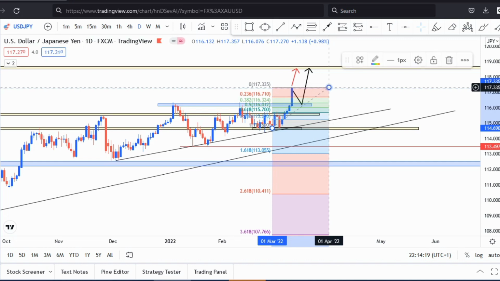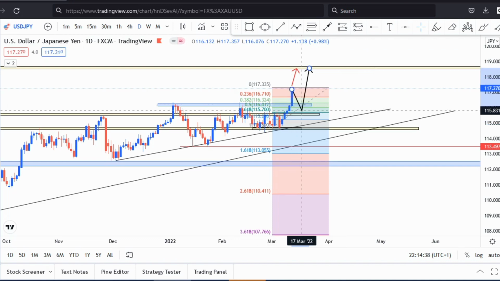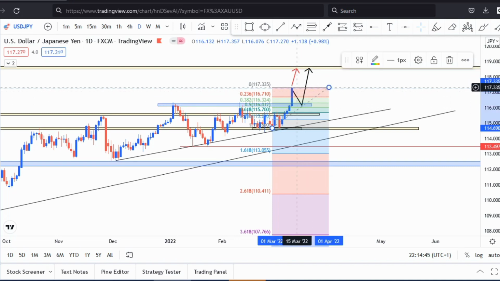We can see that the first one is around the 50% Fibonacci level, and this second one here is around the 0.618 or 61.8 Fibonacci level, which is the golden ratio. So price either goes down to the 50% or the 61.8%, and then we'll be able to take our buy trades to the upside if price does reverse from where it is currently.